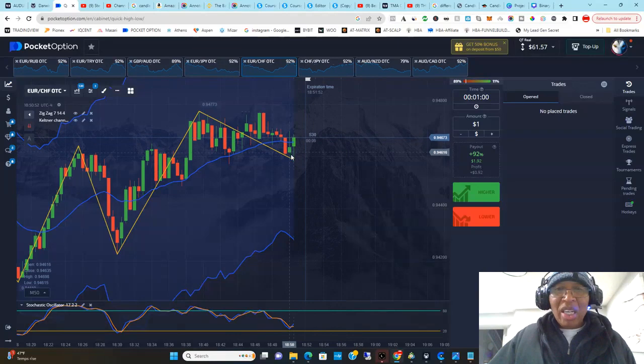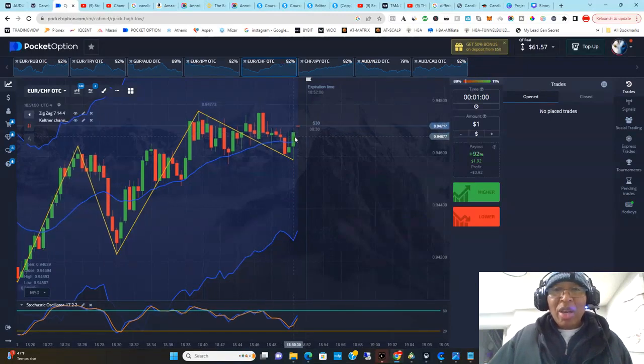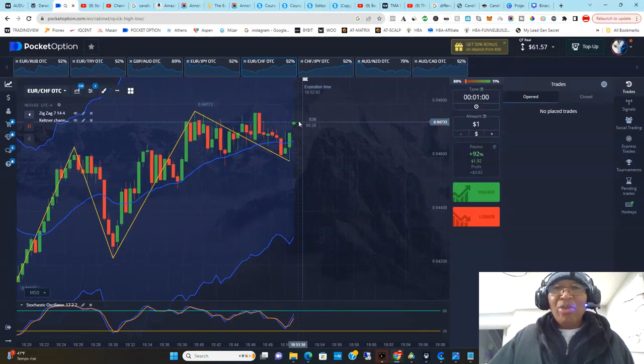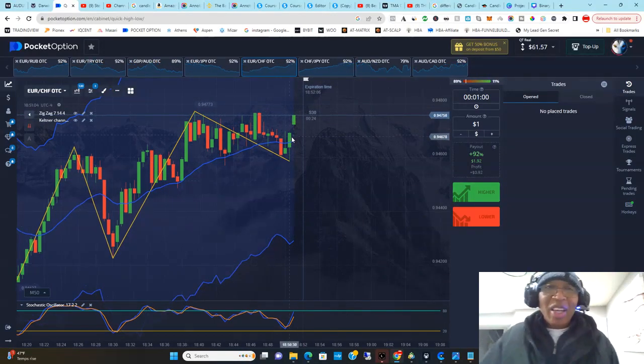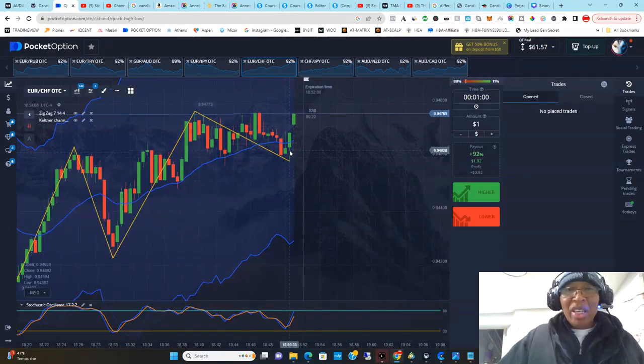And see how, like here, we just saw one form here. What is that, guys? You see that inverted hammer, and you can see it's a change of direction. So if I jump in here in this trade, I am likely to make money on this trade. If I took a call option here, I would be in the money right now. Just by identifying the pattern right here, I could be in the money.